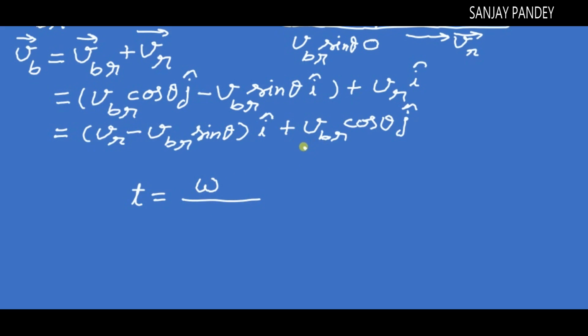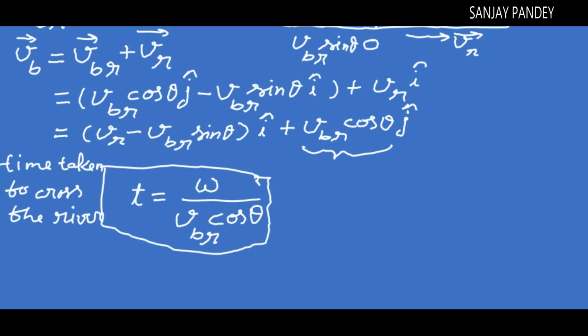It is W upon VBR cos theta. Now the displacement along the x-axis when the boat reaches the other bank is also called drift.